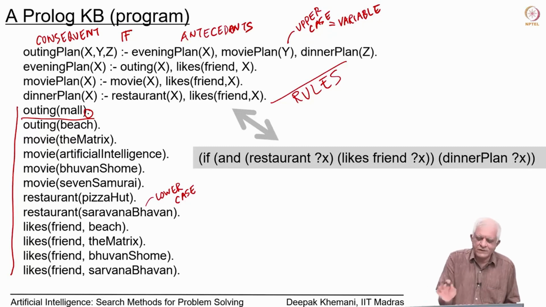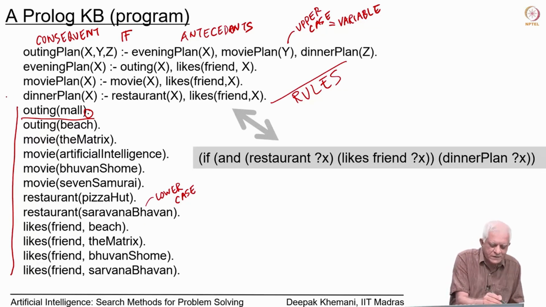So, you are moving from left to right and reading it as saying that the consequent is true if the antecedents are true. So, if you look at the fourth rule here, which is the dinner plan rule, it says x is a dinner plan, remember x is a variable, if x is a restaurant and your friend likes x.